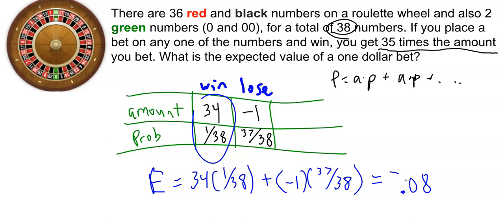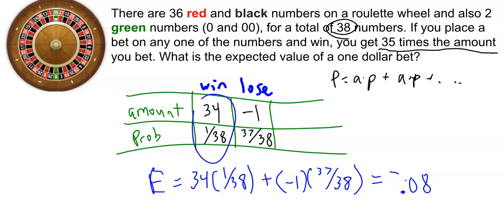And this is very typical of a casino. They don't make their money in huge chunks from you. Oftentimes, you lose just a little bit every time you play on average. Sometimes you win, for sure. But if you played 10 times, you would expect to lose 80 cents.